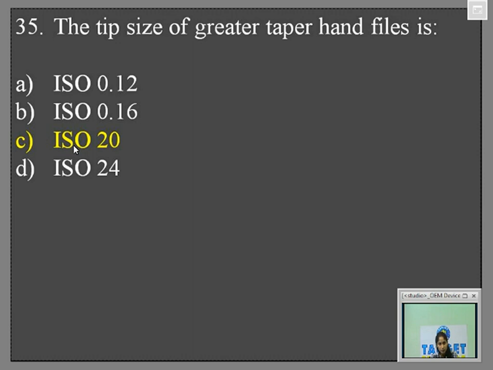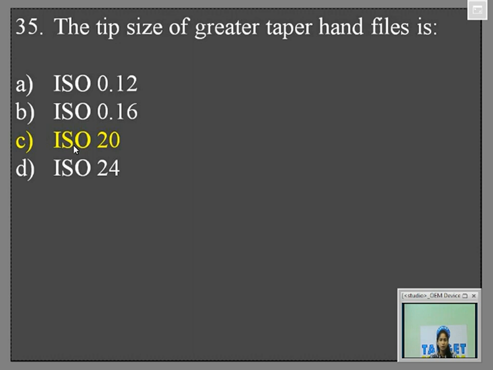Then you have your Protapers. Protapers I had already discussed last time, but I want to stress the cross section. Your cross section is convex triangular. They have a negative rake angle and they have no radial lands. Whereas in your K3 and Quantec there were recessive radial lands, meaning the lands were slightly relieved.